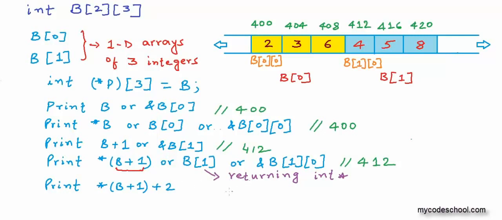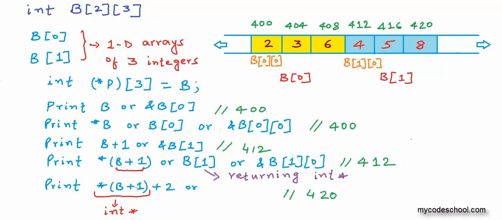Adding 2 here is performing pointer arithmetic because asterisk of b plus 1 is a pointer to an integer storing this address 412. Adding 2 is basically going to the address of the next to next integer, which will mean skipping 8 bytes and going to reference the integer at address 420.